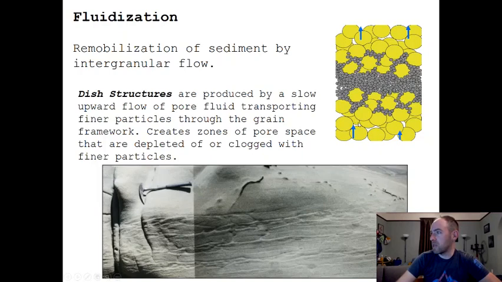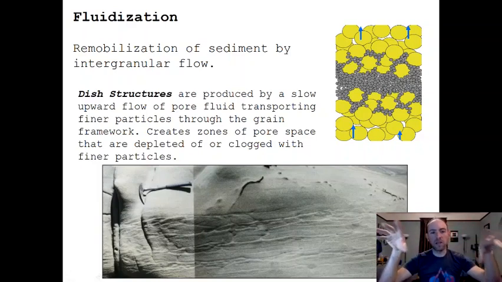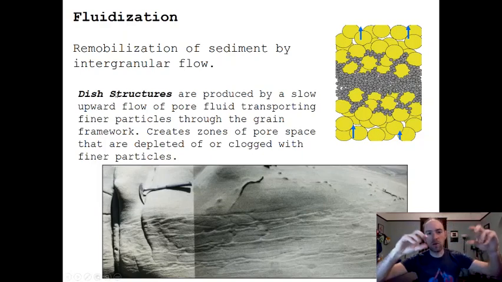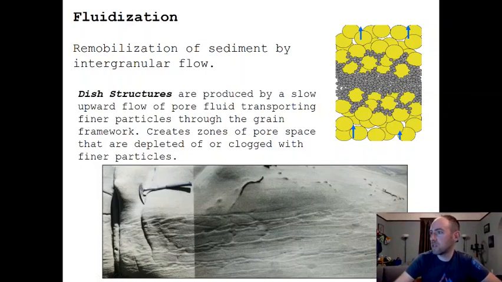And so grains that might be in the interstitial spaces between other coarser grains will start to become transportable and move through the grain framework and get depleted from some areas and concentrated in other areas, which results in these dish-like structures here. It's hard to get a good picture of them because they're not typically very easy to see, but you can kind of see these depleted dish areas here in this photograph. And so you get some areas that have no fine particles, and then the areas where the fine particles got concentrated, and these create these dishes. Okay.